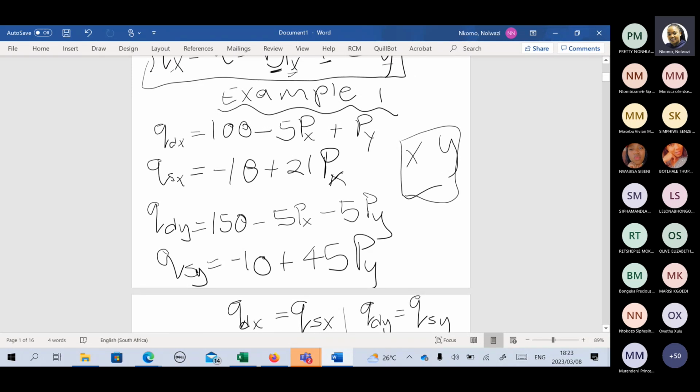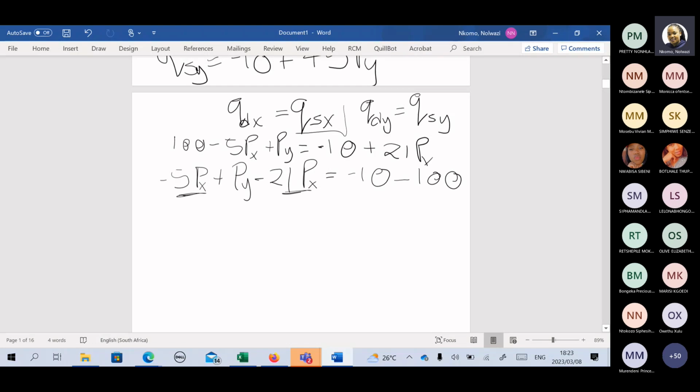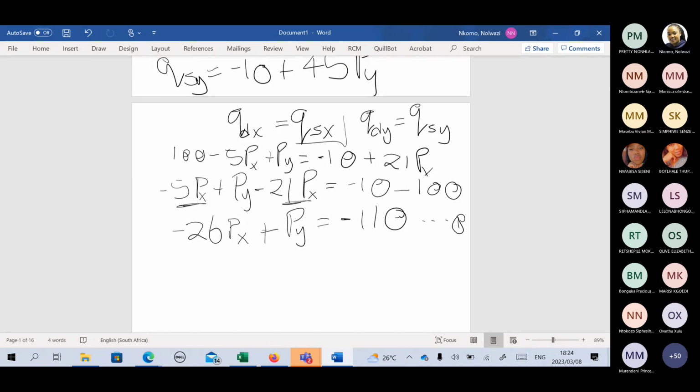It was just plus py. Okay, this is fine. We have minus 5 and minus 21, that's minus 26, right? So we have minus 26px plus py equals minus 110, right?